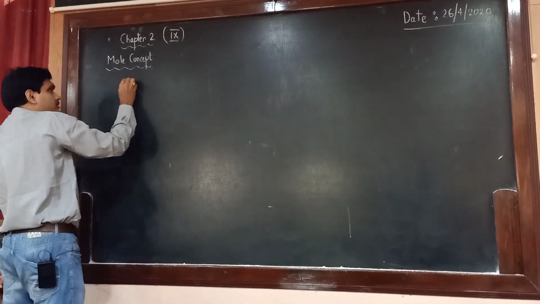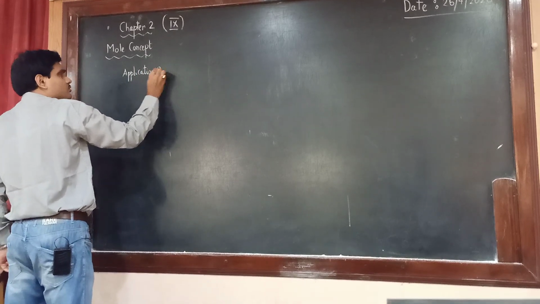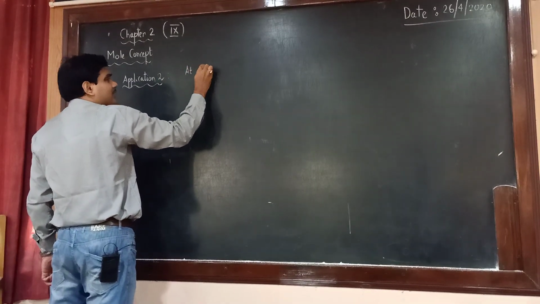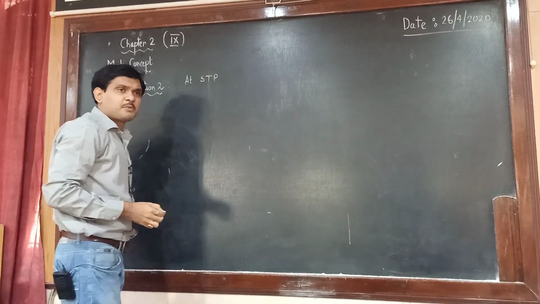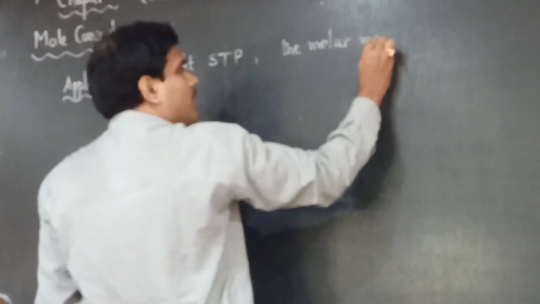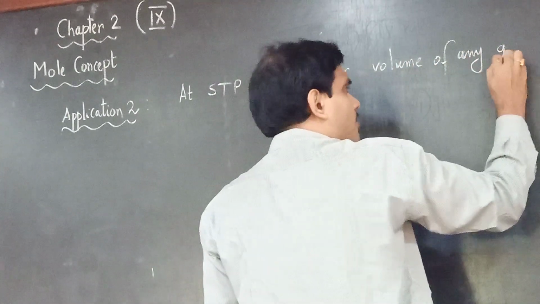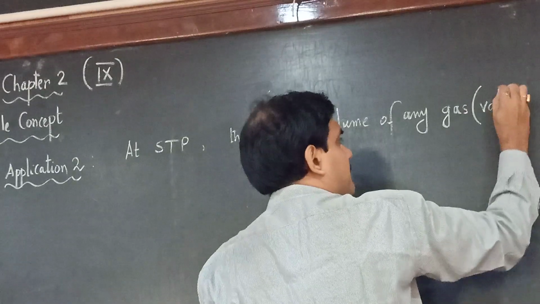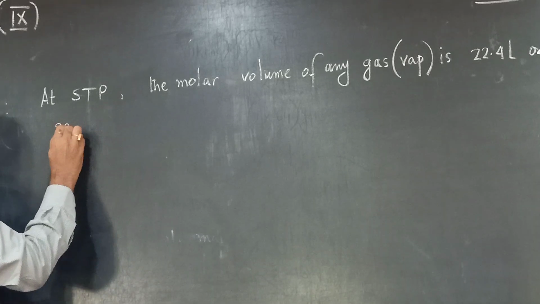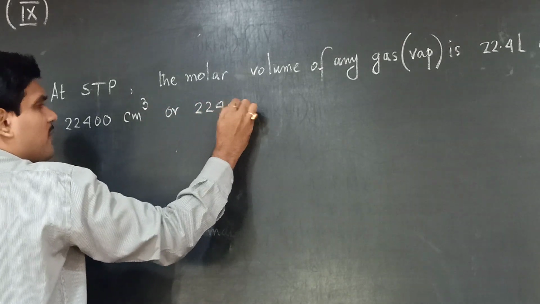Application 2: at STP, standard temperature and pressure, the molar volume of any gas or vapor is 22.4 liters, or 22400 cc, or 22400 milliliter.